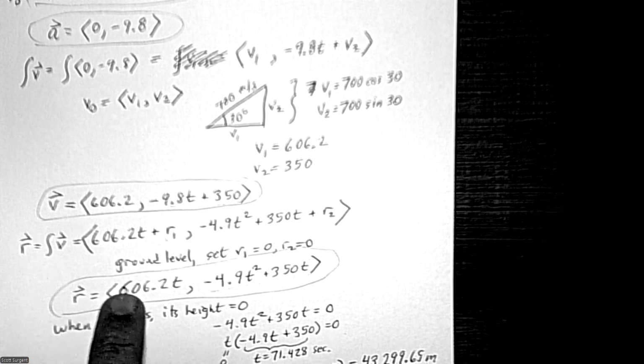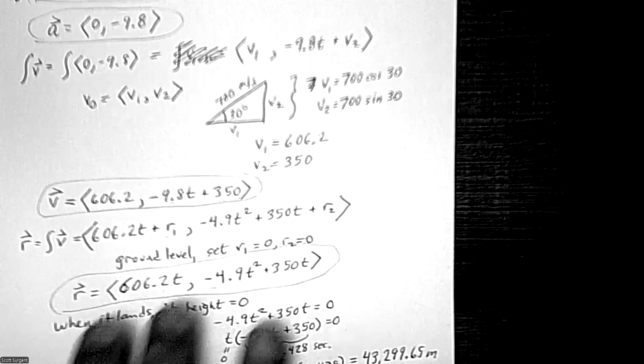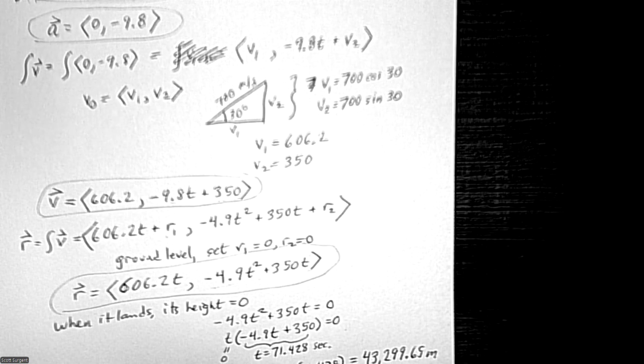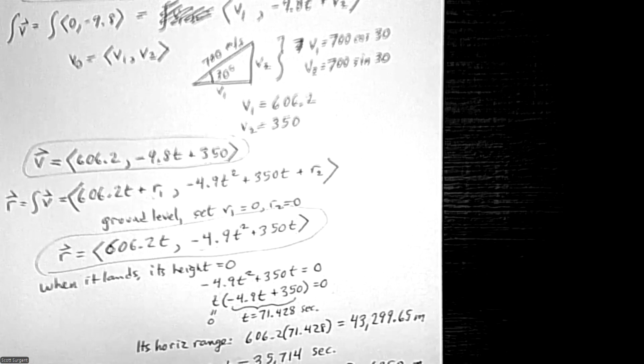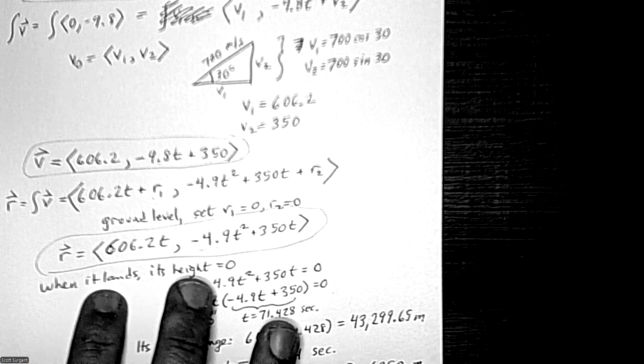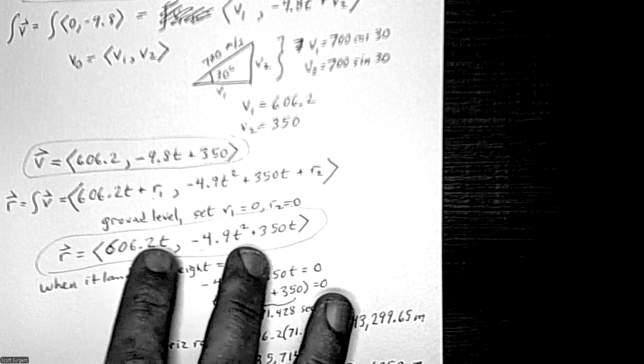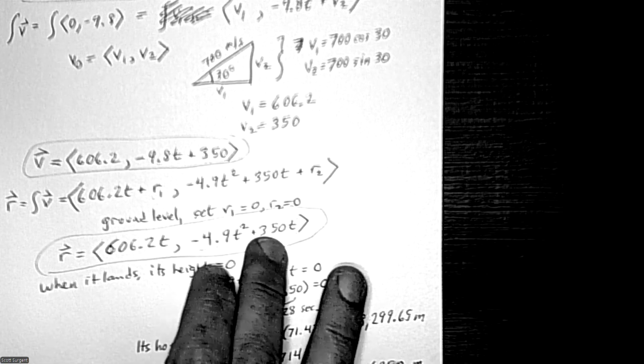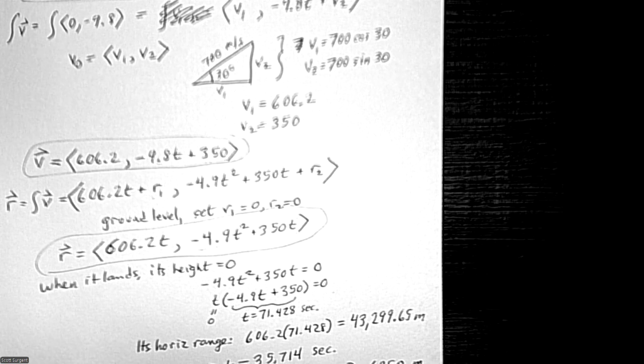Get them complete and set up. These two are what you need to break into the problem. And then how do you break into the problem? This is where you have to have some insight. If I use this problem, when it lands, the height will be 0. So that's how I break into the problem here. And then from there, I work it out.